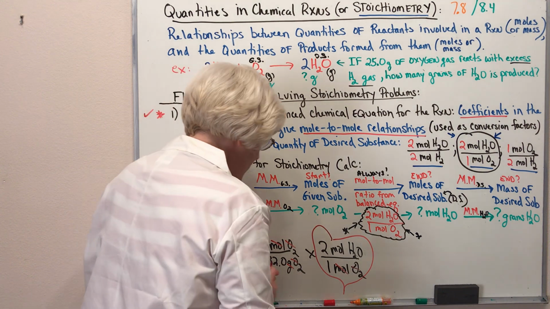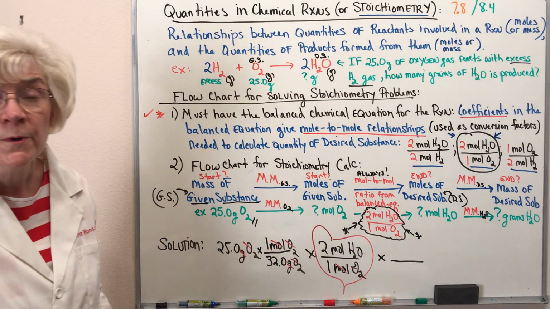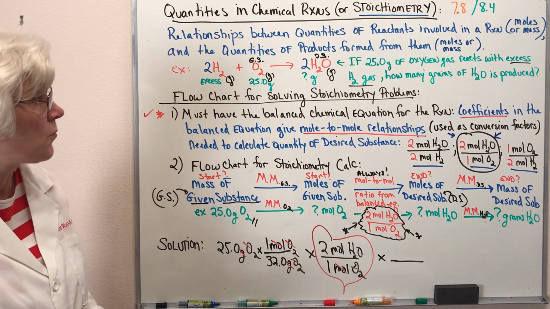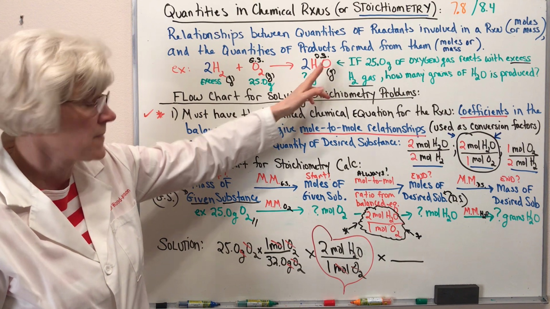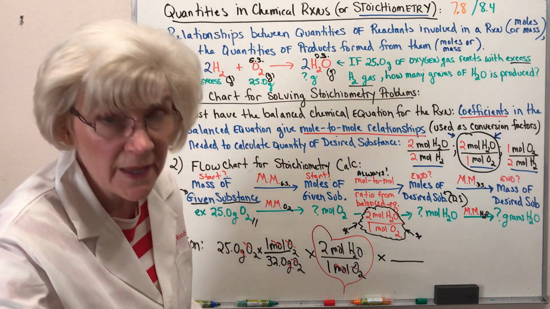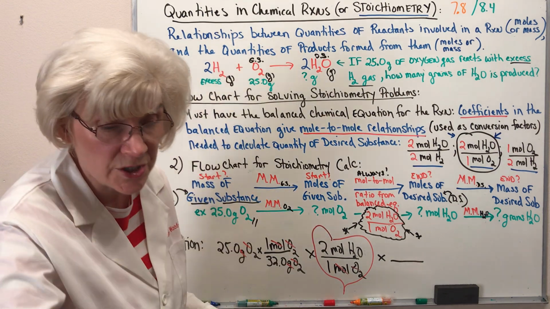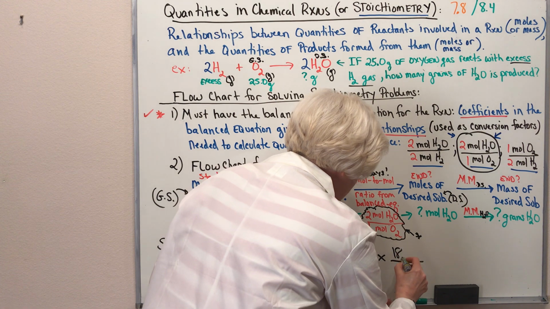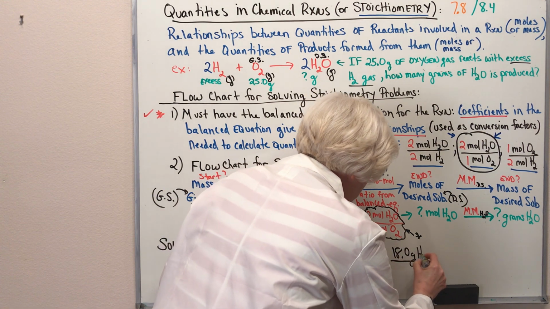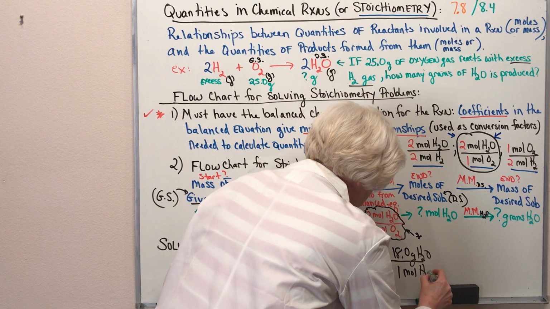So I see that I'm going to need a last step in the problem where I use the molar mass of water, looking at the chemical formula of water, H2O, using the periodic table and adding up the molar masses of 2 hydrogen and 1 oxygen. I come up with a molar mass of 18 grams of water to 1 mole of water.